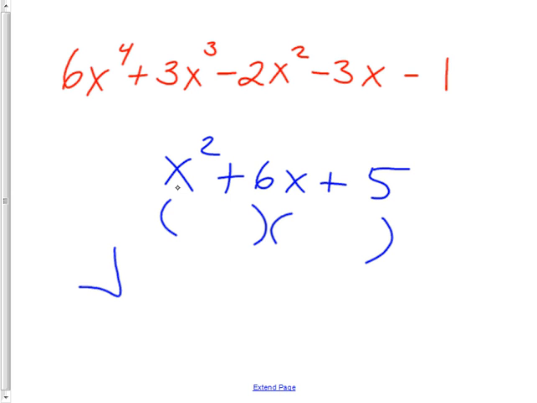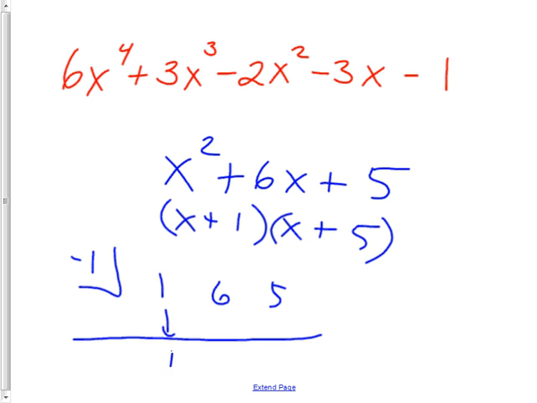All right, you should have said x plus 1 and x plus 5. Do you agree? Okay, then, really, should you be testing 1 or 5? Nope. What should you be testing? -1 or -5. And if you test -1, see if it works. 1, 6, 5.